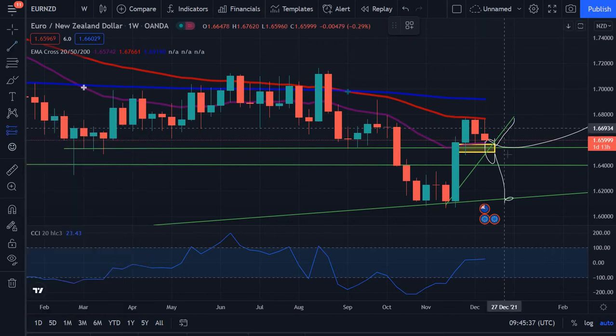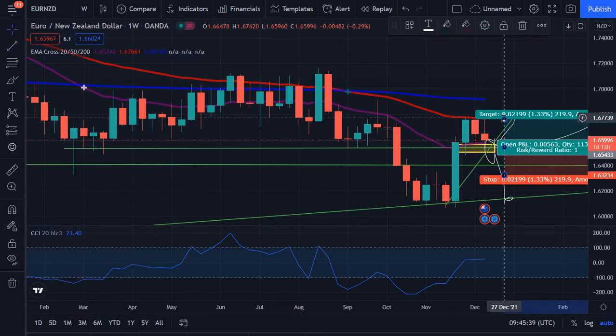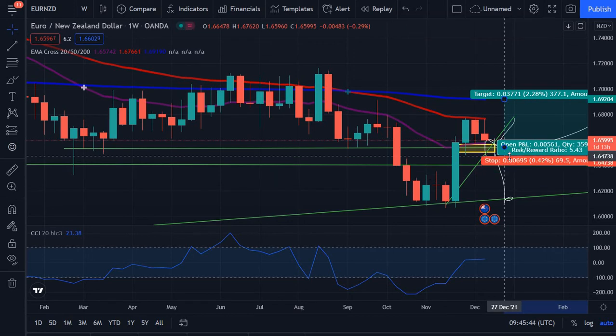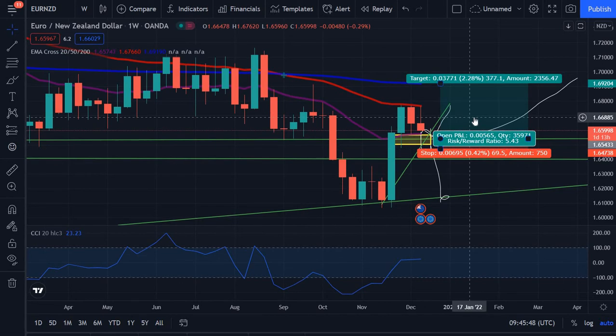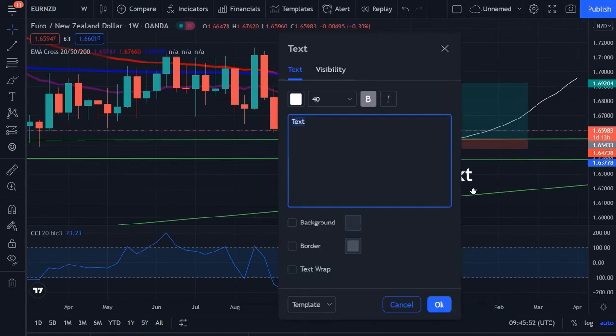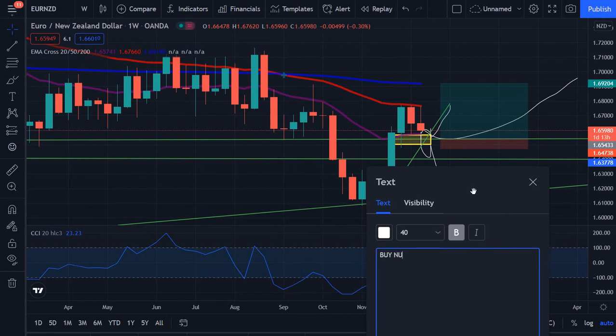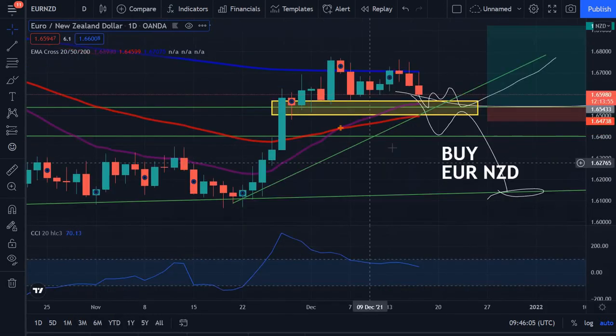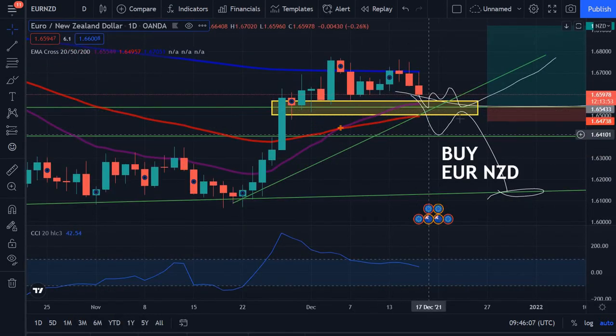If that were to happen, I would be a buyer here, target the 200 EMA. Something like this would be the trade.